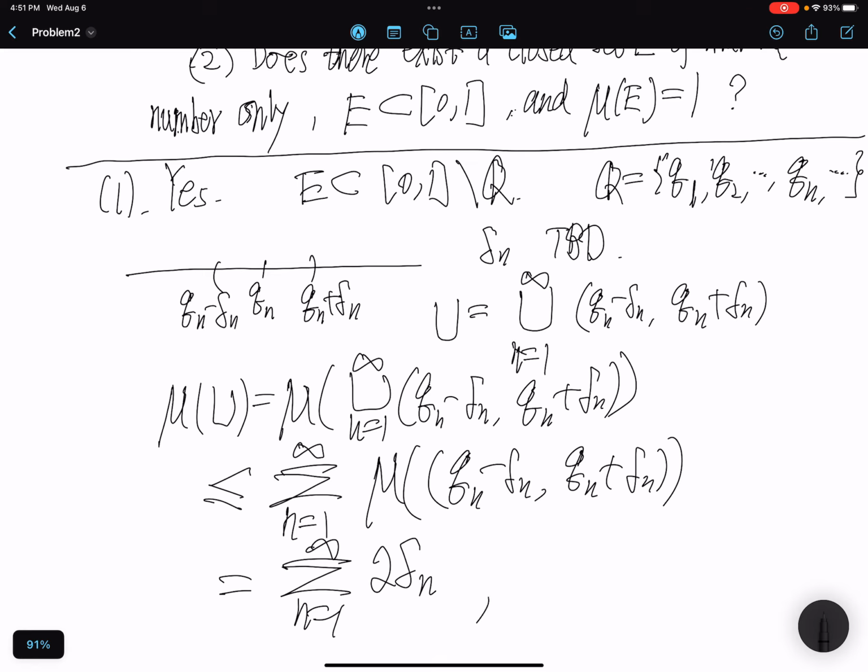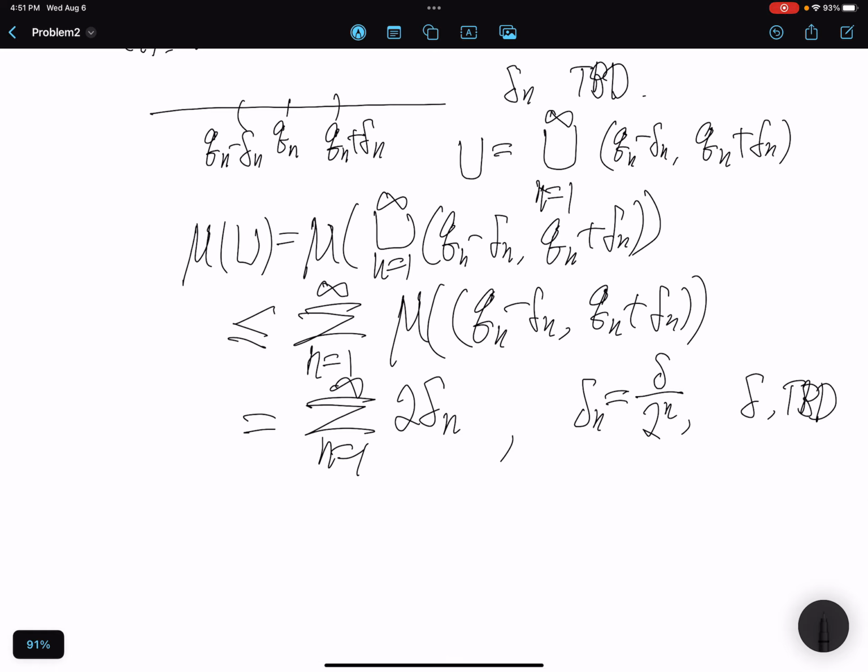So if we pick delta sub n, we want to find a convergent series. The easy pick is something like delta, where delta is to be determined later.